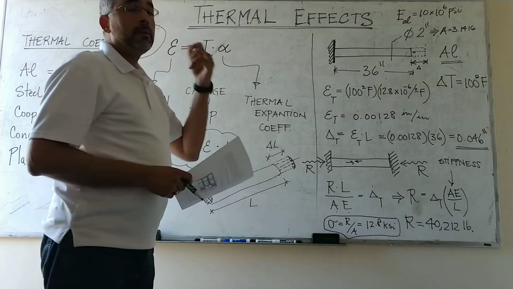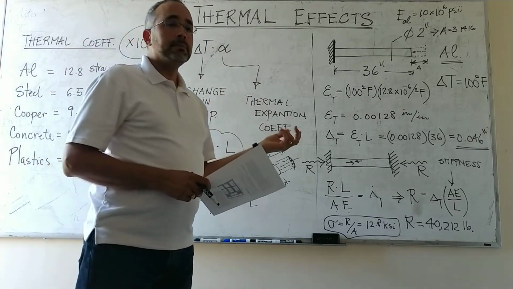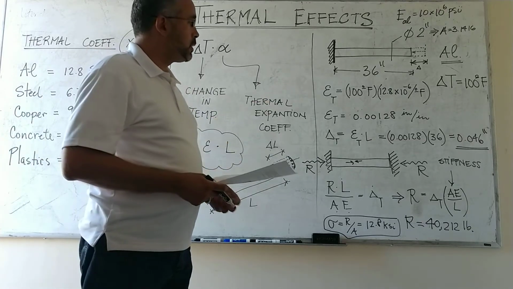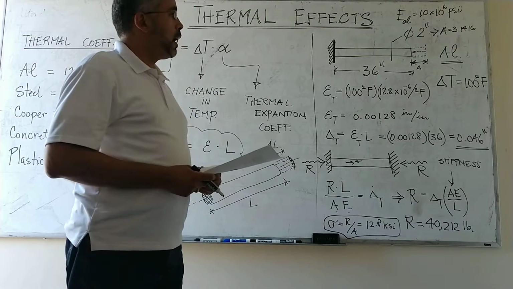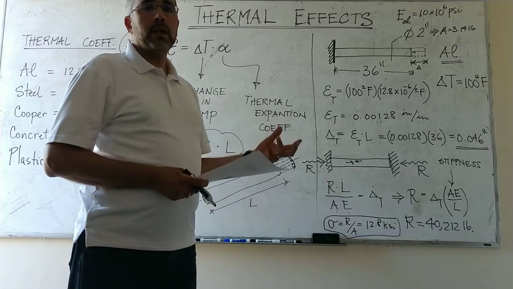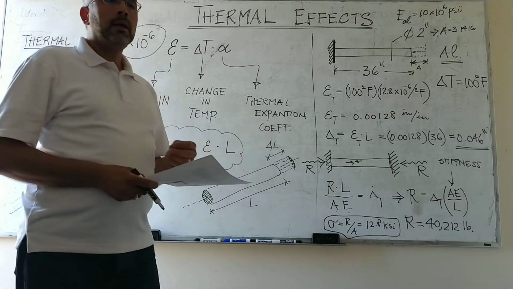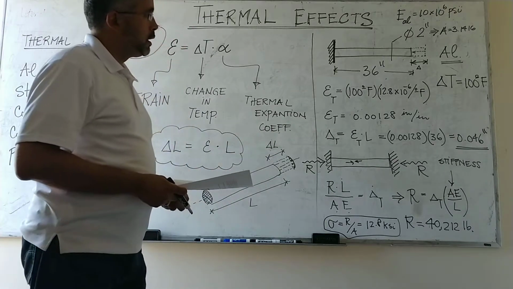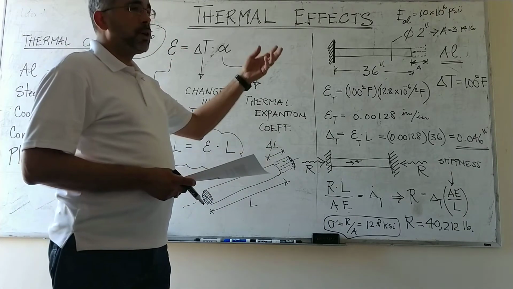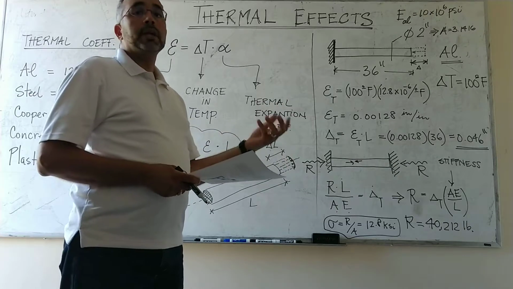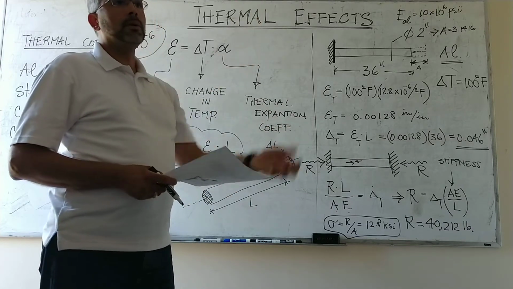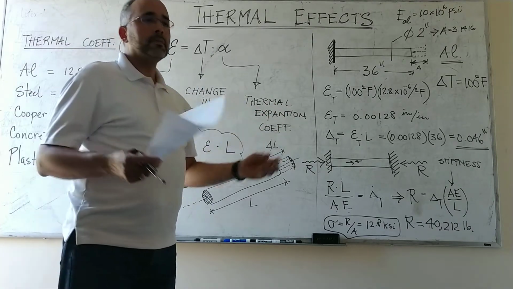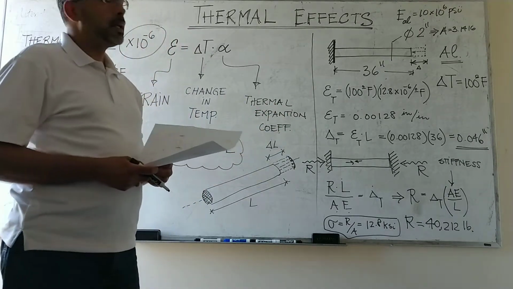Aluminum is a very popular material, for example, in the aircraft industry. Aluminum 6061 is used a lot in wings and fuselage, is easy to weld, is relatively light, and has very high strength. And these types of structures undergo a lot of changes in temperature, especially as they go up and down and experience different environmental conditions in the atmosphere.